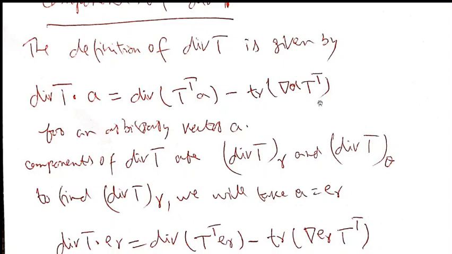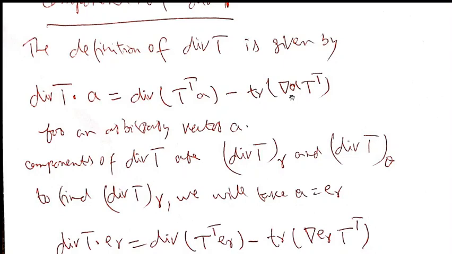Maybe in the definition when we started the divergence of T, we wrote transpose of T before and after this; we have the gradient of a vector, that is, the trace of T into the gradient of a vector.